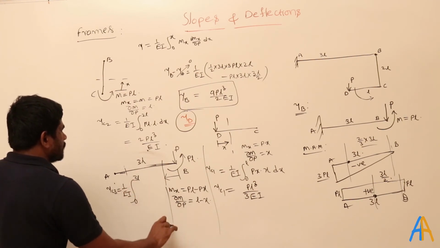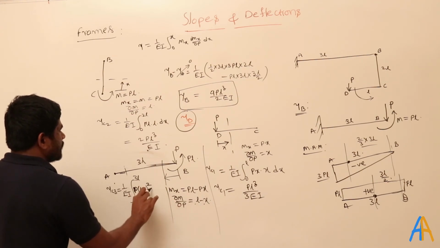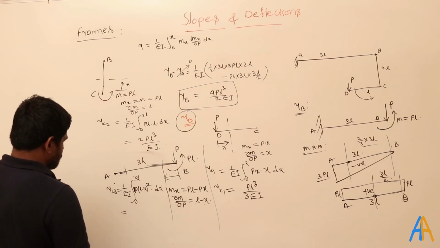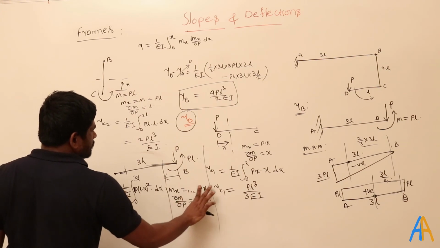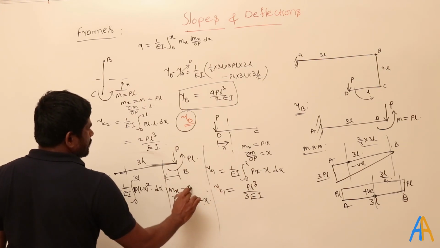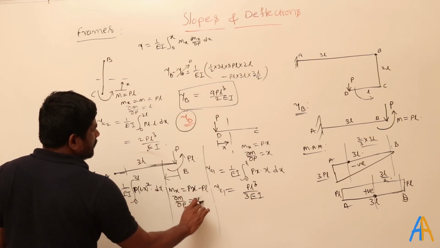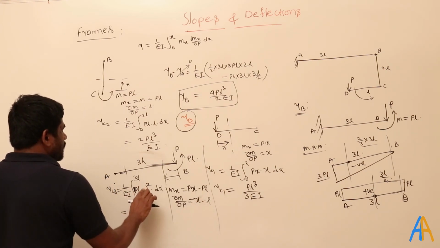So if I substitute here, yc3 equal to 1 by EI into integral 0 to 3L, the length is 3L here. Mx is P, I will take the common, (L minus x), and this is also (L minus x) square into dx. Otherwise I can take it as Px minus PL also, no worry; here also Px, in that case it will become (x minus L). I can avoid the minus.